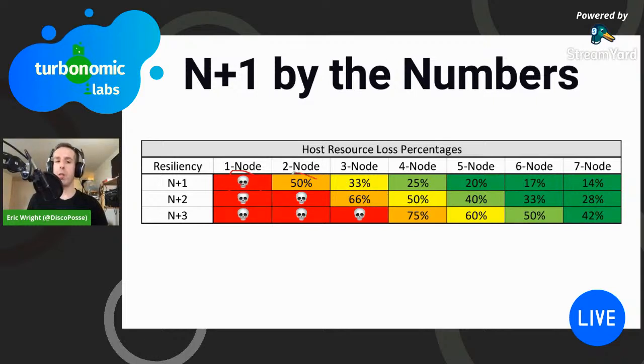So if you're a 2 node, you're at 50% capacity and 33, like, you can see how the math breaks out. So that's really what it is. It's basically striping capacity across the different nodes, so that if I were to lose a node, then ultimately it's a 14% loss in a 7 node cluster.